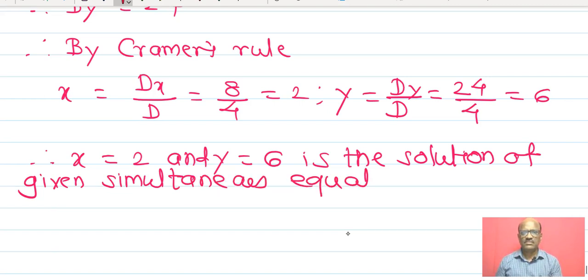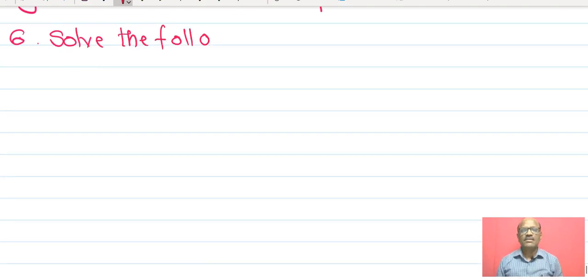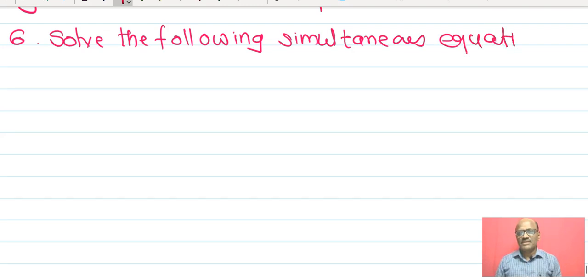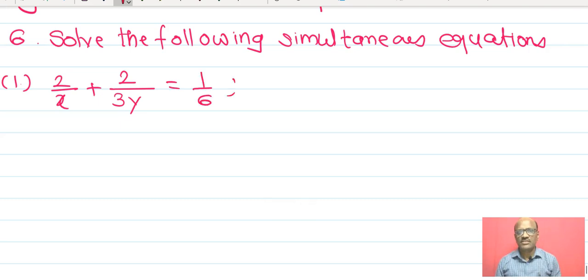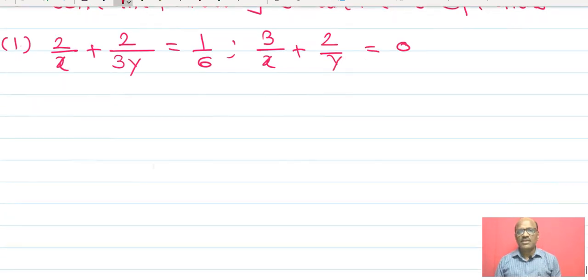Now next, question number 6. Now solve the following simultaneous equations. 1, 2 upon x plus 2 upon 3y is equal to 1 upon 6; 3 upon x plus 2 upon y is equal to 0.